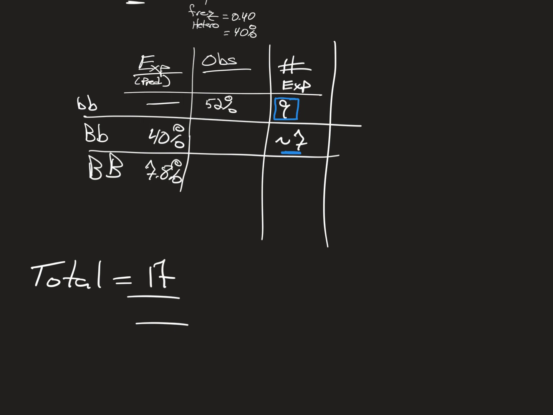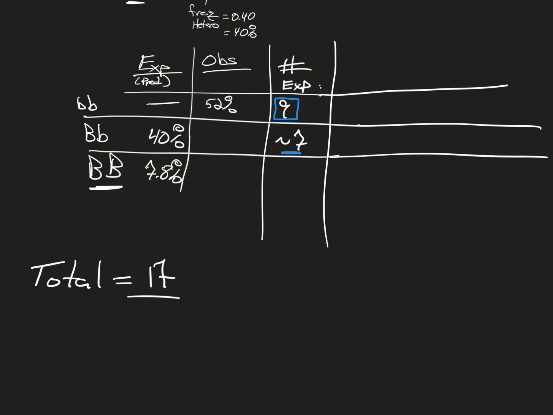Who can then tell me what would be the expected number of big B, little b, or big B, big B? What would I do to get the expected number for big B, big B? No, here's the percent you expect: 7.8%. The total we have is 17.